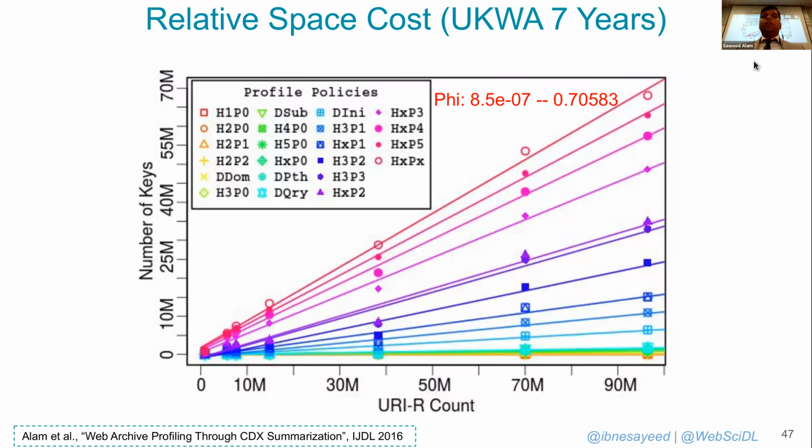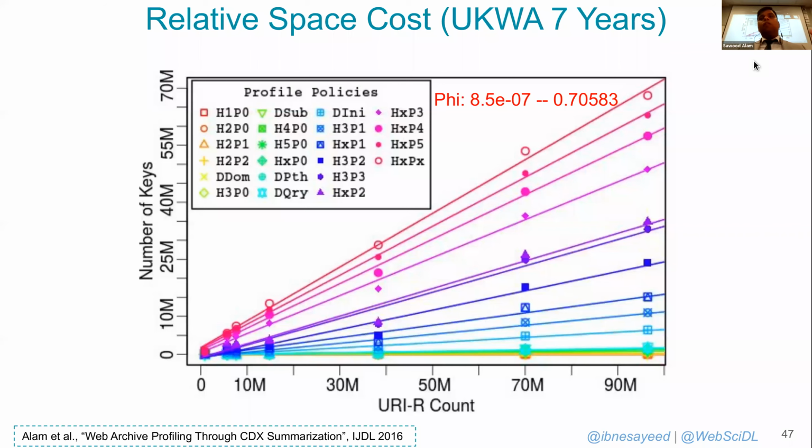We then established the number of URI keys. So profiles are basically a shorter version of the list of URIs, right? How much reduction happens, how many unique URI keys you have as you profile more and more URI-Rs. And it turns out no matter which profiling policy you take, you get a linear increase in that as the number of URIs grow.